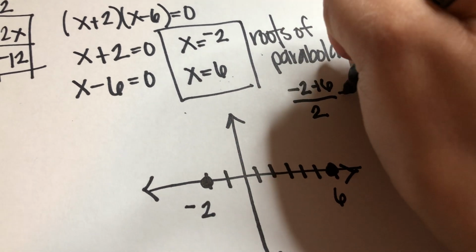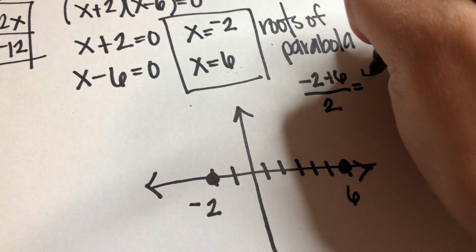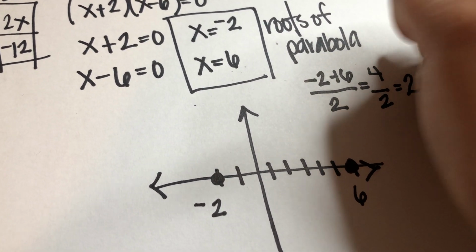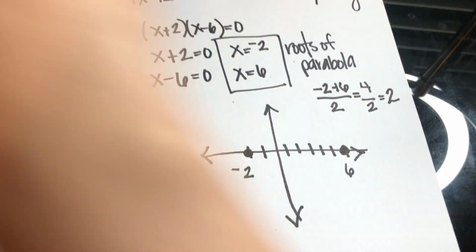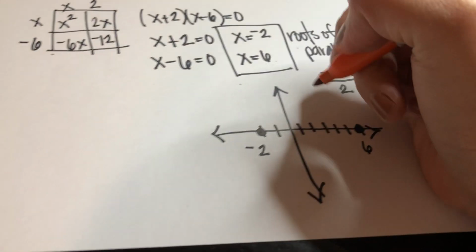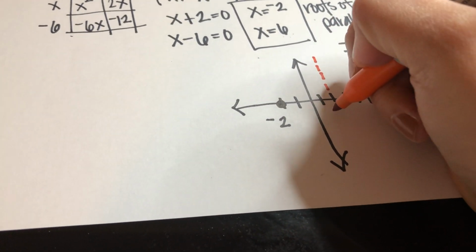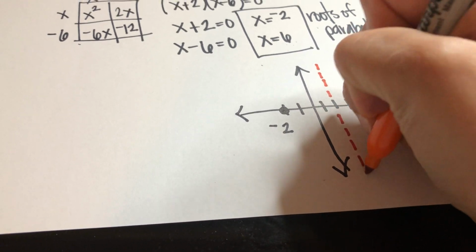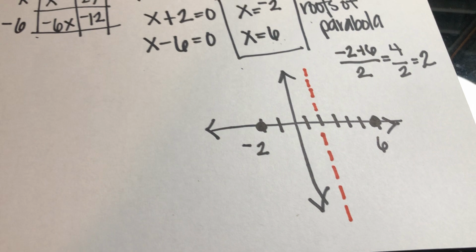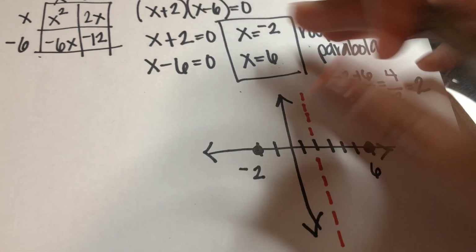Again, I'm trying to find the midpoint. So negative 2 plus 6, that's 4. Divided by 2, that would be 2. So that means that my axis of symmetry is at positive 2. So I'm going to draw it at positive 2.